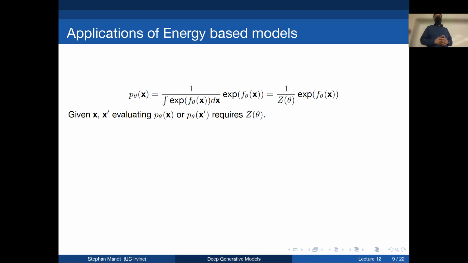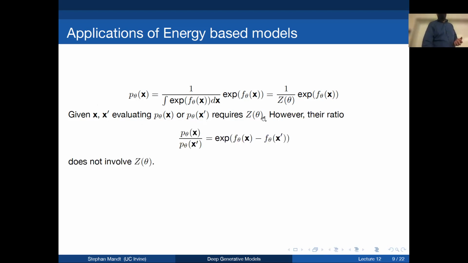Okay. So what are the things that we can easily do? First of all, if we take an energy-based model and two different data points, x and x prime, and our goal is to evaluate the probabilities of x and x prime, this is still hard, because as we talked about, it requires us to know the normalization constant. However, if we only want to decide which of the two data points is more likely, all we care about is the probability ratio, not the absolute probabilities.